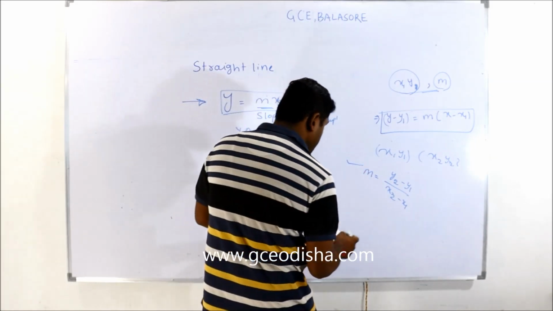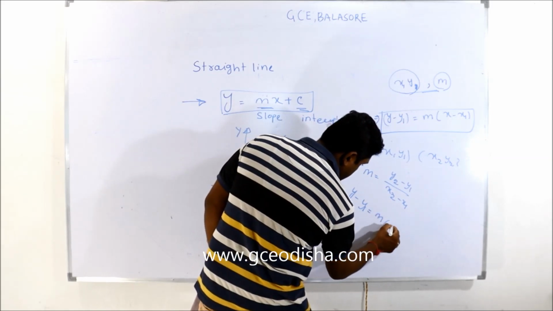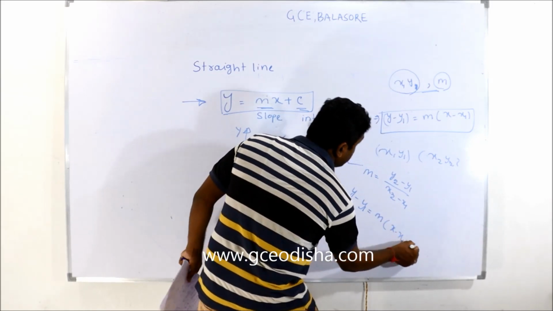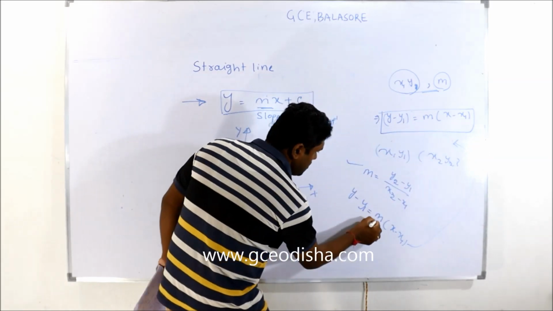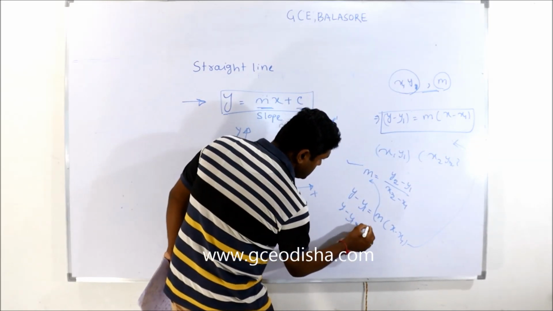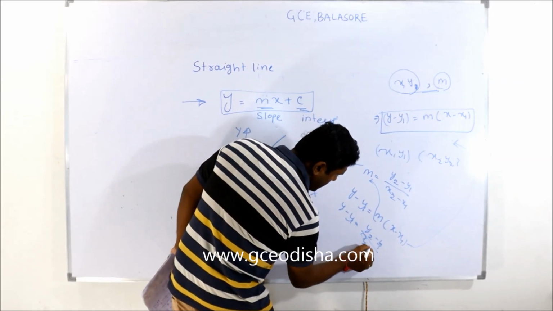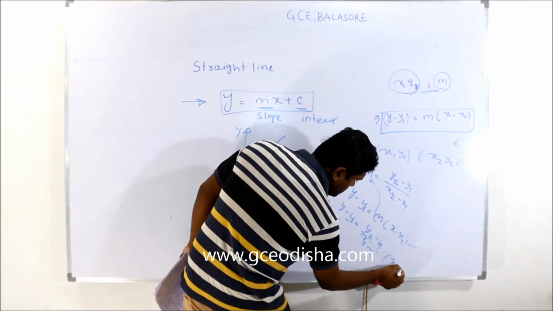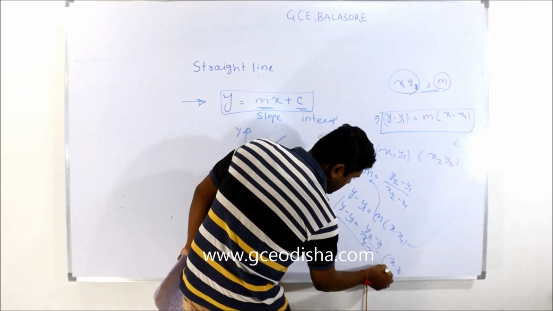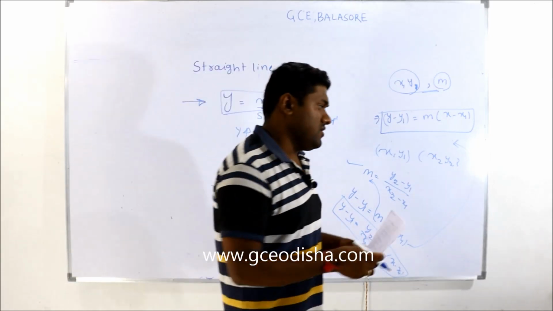Then y minus y1 is equal to m into x minus x1, and slope m comes from this, so y minus y1 is equal to y2 minus y1 divided by x2 minus x1 into x minus x1. This is the equation of the straight line when 2 points are given.